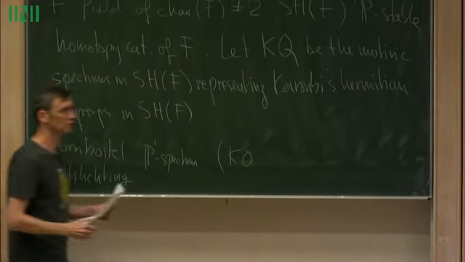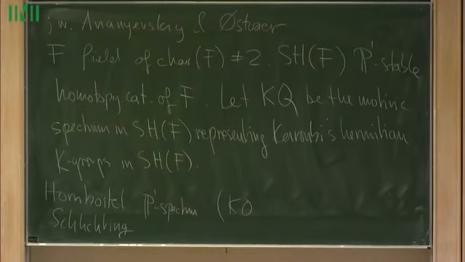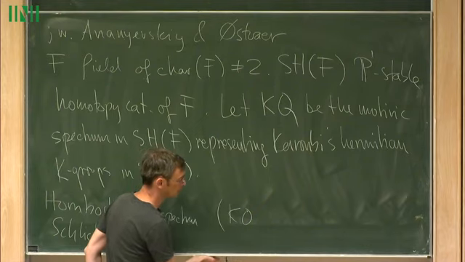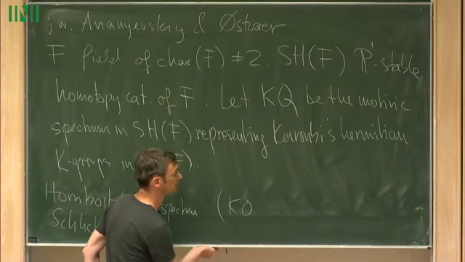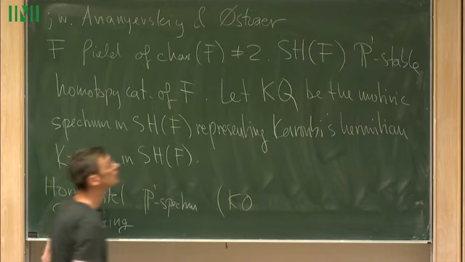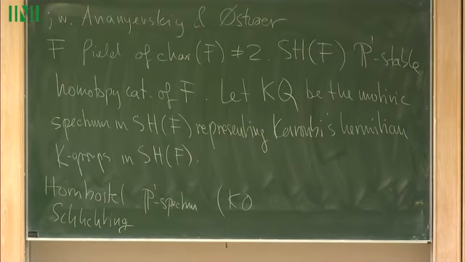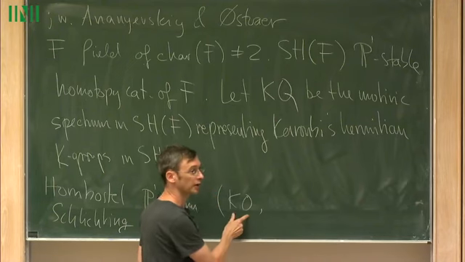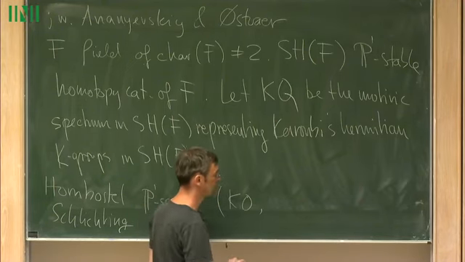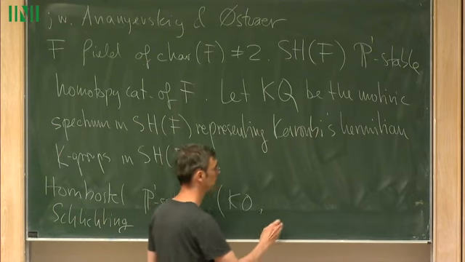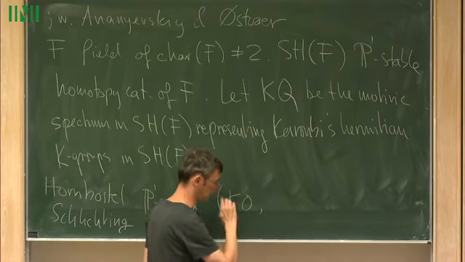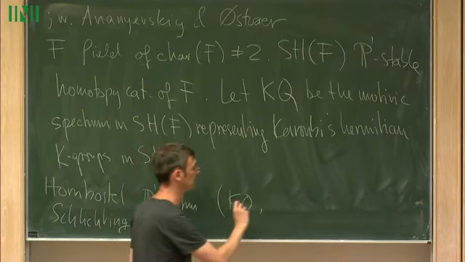There's a presheaf of S1 spectra by a K-theory construction on the category of, say, vector bundles over the schemes with duality for KO, and there's a forgetful map to the ordinary algebraic K-theory presheaf as defined by Quillen.